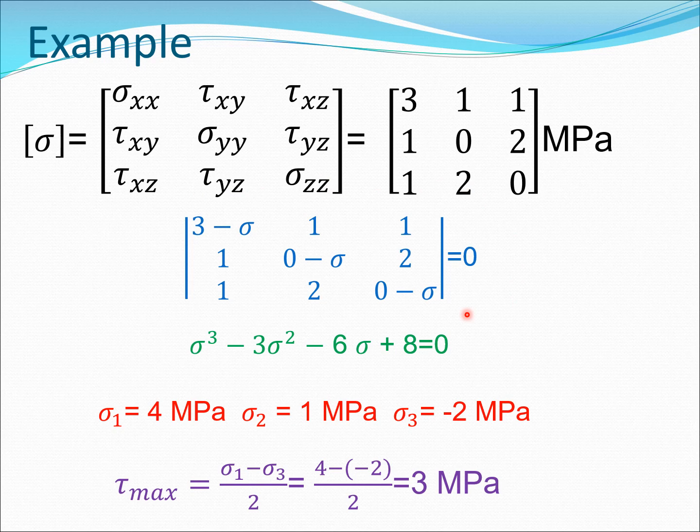Now when I expand this out, I get a cubic equation. So if you do not remember this, you take 3 minus lambda and then you multiply it with this determinant. You take minus 1 and you multiply it with the determinant by 1, 1, 2, 0 minus sigma, and you take 1 and you multiply it by this determinant here. So again, by getting those minors of the matrix and the determinant here, you can find this determinant and you can show that it is a cubic polynomial, and then you can find the roots of this cubic polynomial.